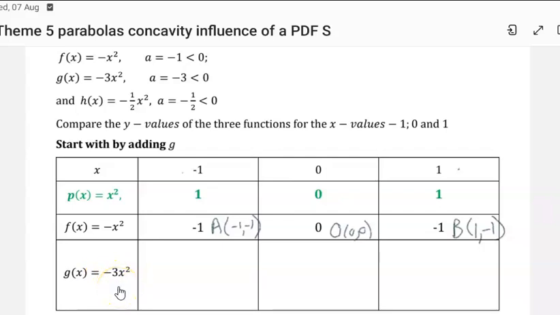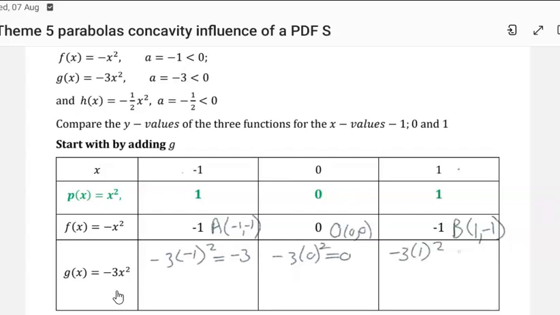If we now look at the function g, where g of x is equal to minus 3x squared, then we can compute the coordinates of C and D by substituting the x values respectively into each point. In this case, our calculation gives us minus 3. If we do it for the next point, we will get 0 again, and for the last one, we put 1 in there.